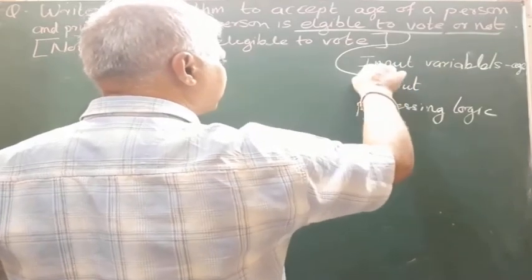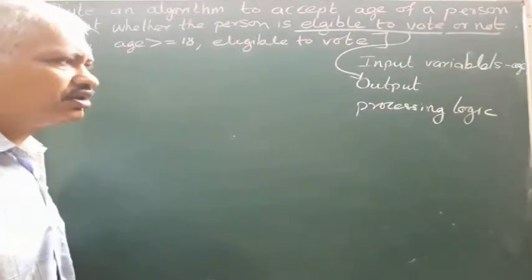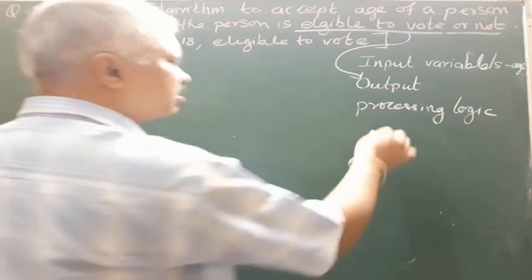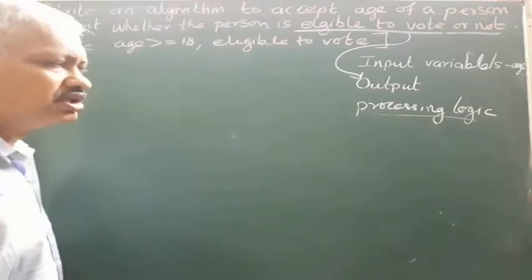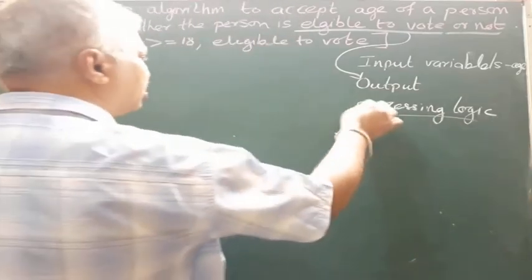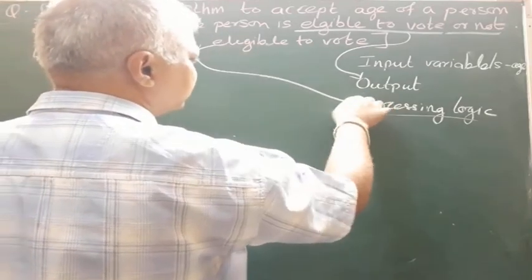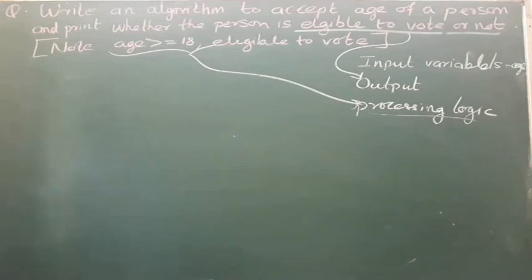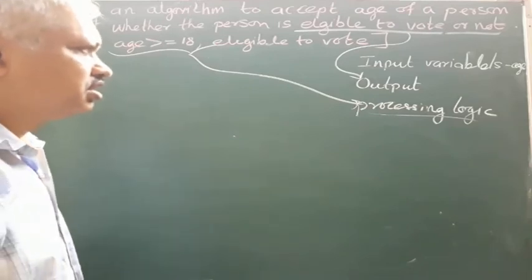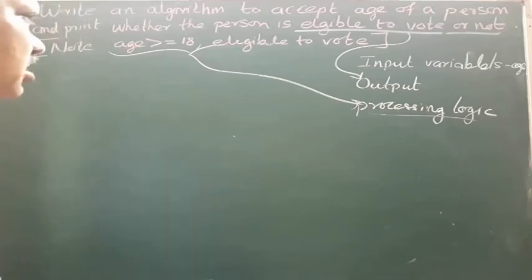So this is the output that we have to display. And what is the processing logic? Here in the question it is given. This is the processing logic. So everything is very crystal clear, and we can start writing the algorithm.